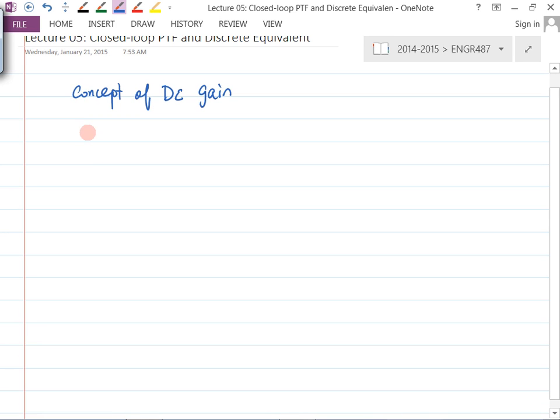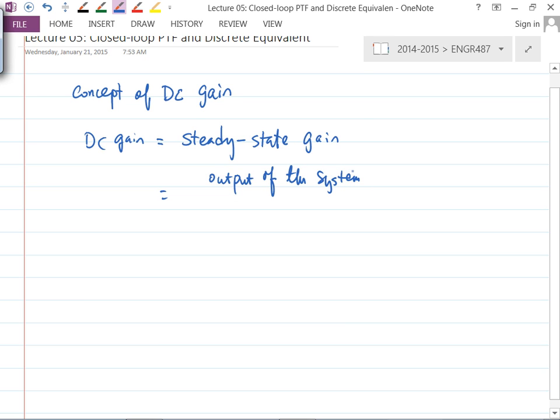So DC gain essentially, we call it steady state gain. It's a ratio of the output of the system to its input at steady state.